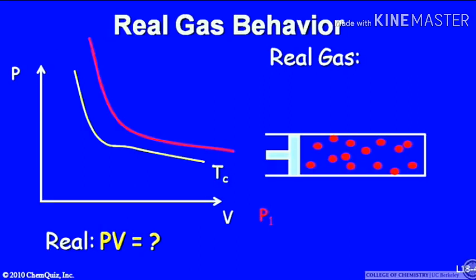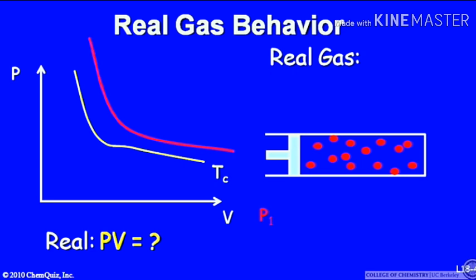As you decrease the temperature, you will encounter a point where there is an inflection in the curve. That's called the critical temperature. The critical temperature defines the relationship between ideal and real gas behavior.